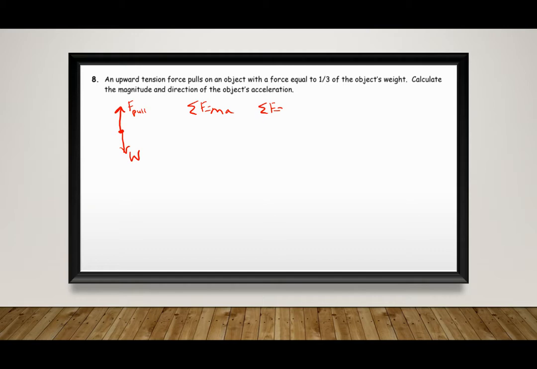So let's say we set our upwards as positive. So we have force of the pull minus our weight. Our mass times acceleration is equal to our force of pull, which is 1/3 our mass times gravity, minus our mass times gravity. So what do you notice? We have mass, mass, and mass.